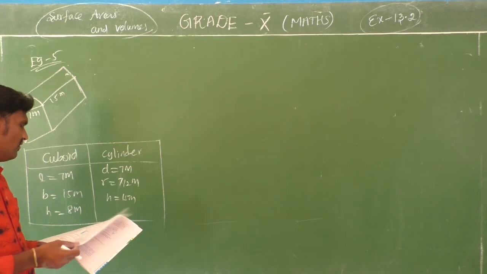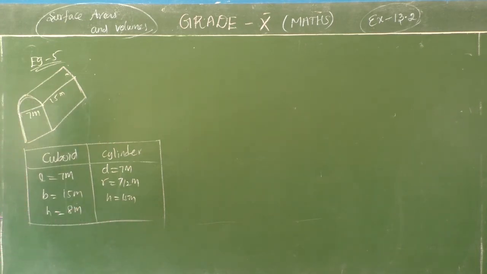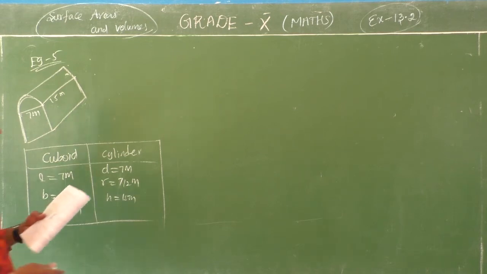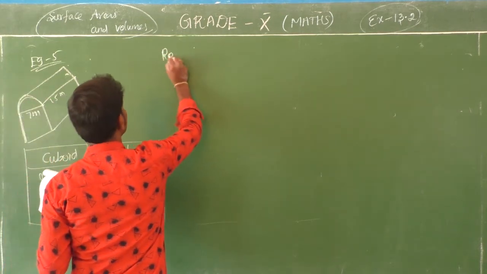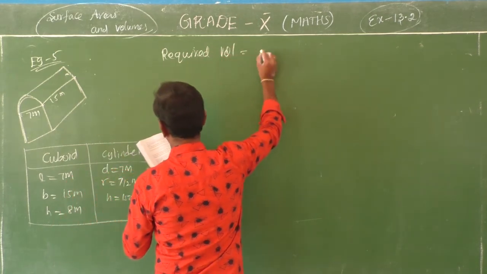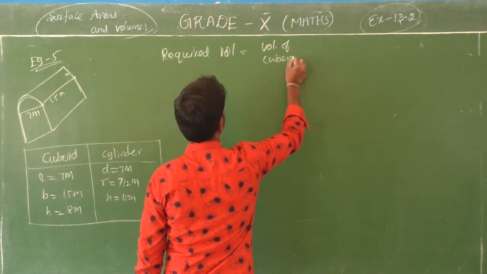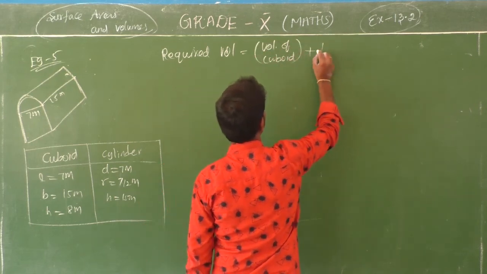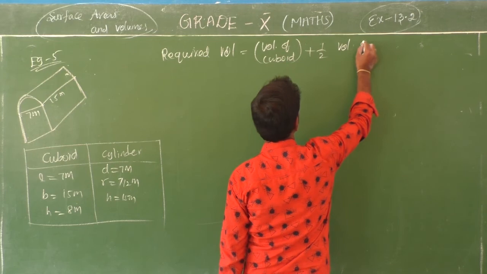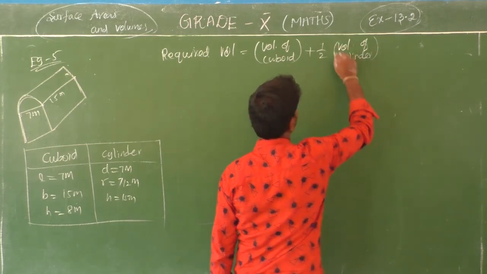Now next, what are we going to find? First, volume of air. Okay. So first I am going to find the total or required volume, which is equal to volume of cuboid plus half of volume of cylinder. So students, listen carefully, all of you.